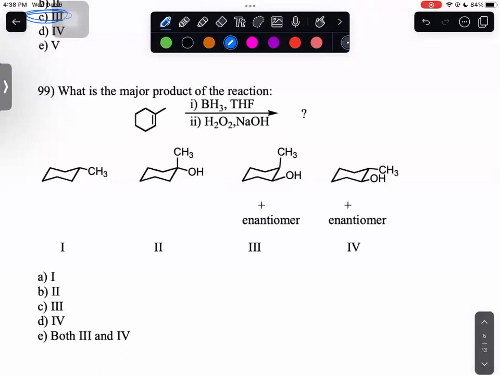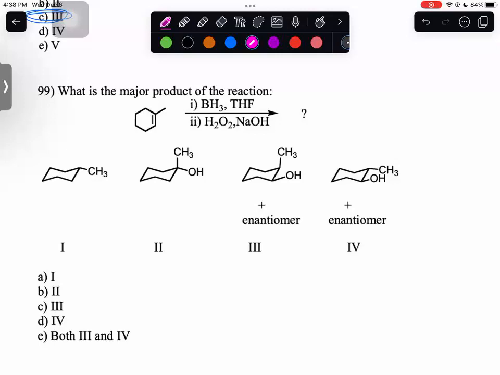Okay. I hope this one's easy. Propane, and for the rest, the boron, that's BH3. You're good. You got it, Mickey.